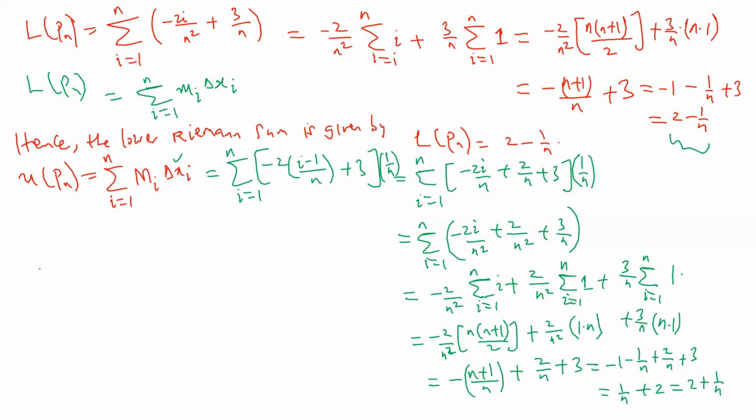So we have this. Hence the UPN, which is the upper Riemann sum, is 2 plus 1 over n.